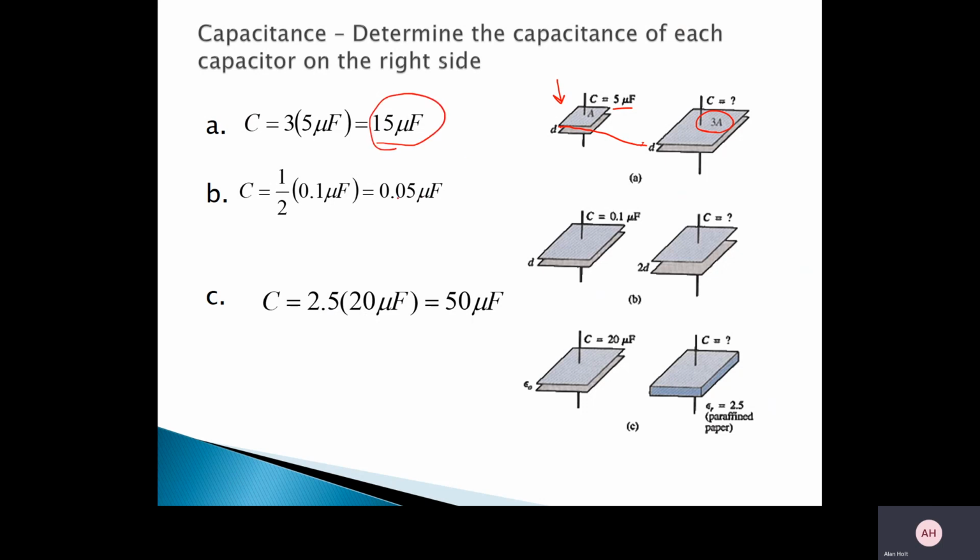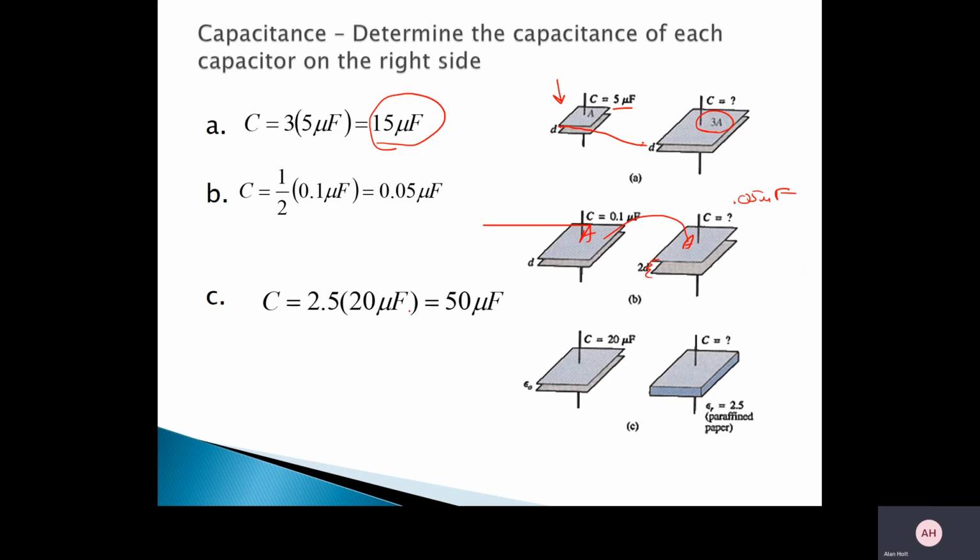For item number 2, the capacitance is 0.1 microfarad, and I kept the area the same, but I've increased the distance between the two plates to twice the distance. So it's 1/2, and the new capacitance would be 0.05 microfarads.